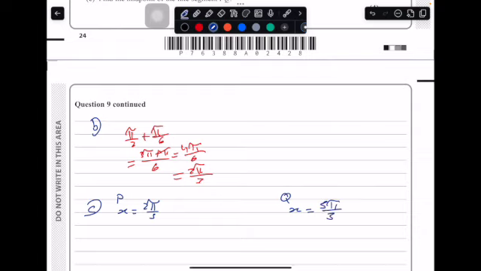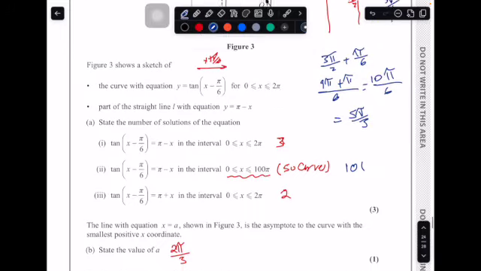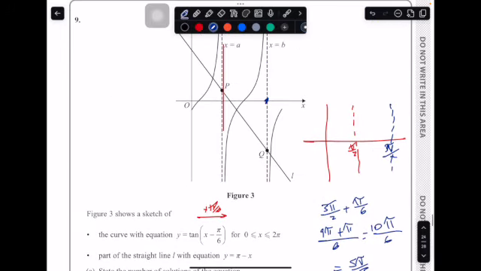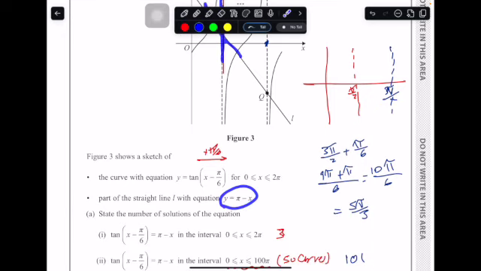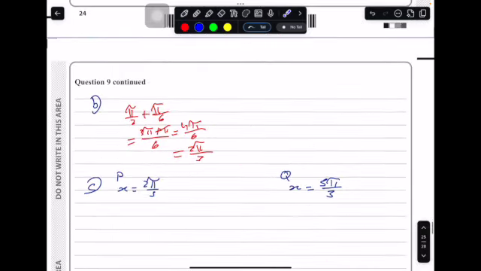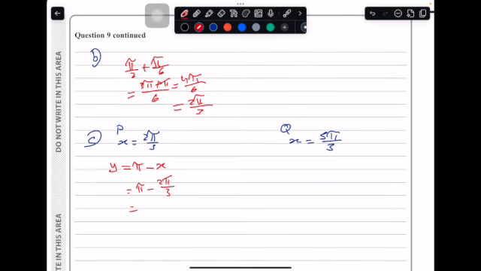We need to find the y coordinates. Do we go back to the equation of the curve? No. The asymptote is a line, so we intersect the asymptote with the equation of the line. So we go back to the equation of the line. y equals pi minus x, which is pi minus 2 pi over 3, which will be 3 pi minus 2 pi over 3, so only pi over 3.